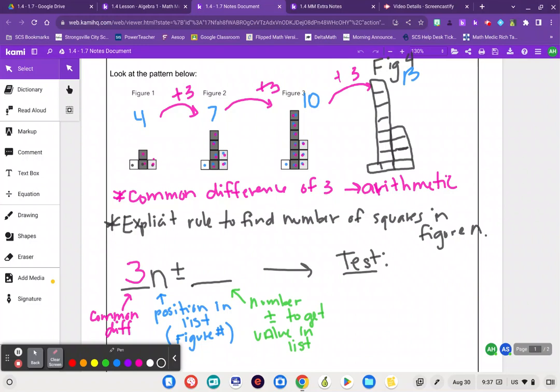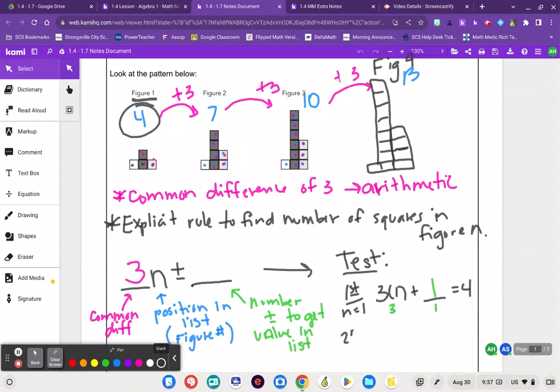In my first figure, I had 4. So I'm going to say 3 times 1 plus something gives me 4. If I have my first figure, that means n is 1. If I did 3 times 1, that's 3. 3 plus 1 gives me 4. So plus 1 would work here.